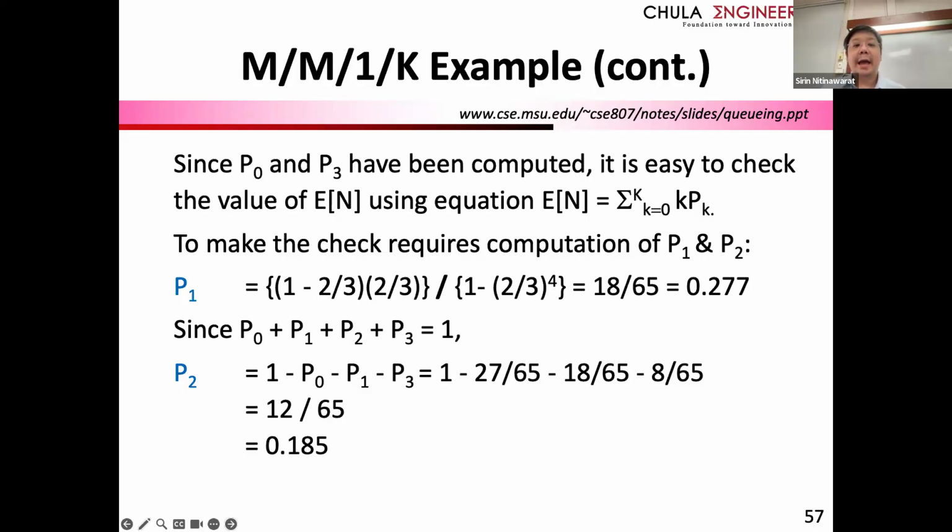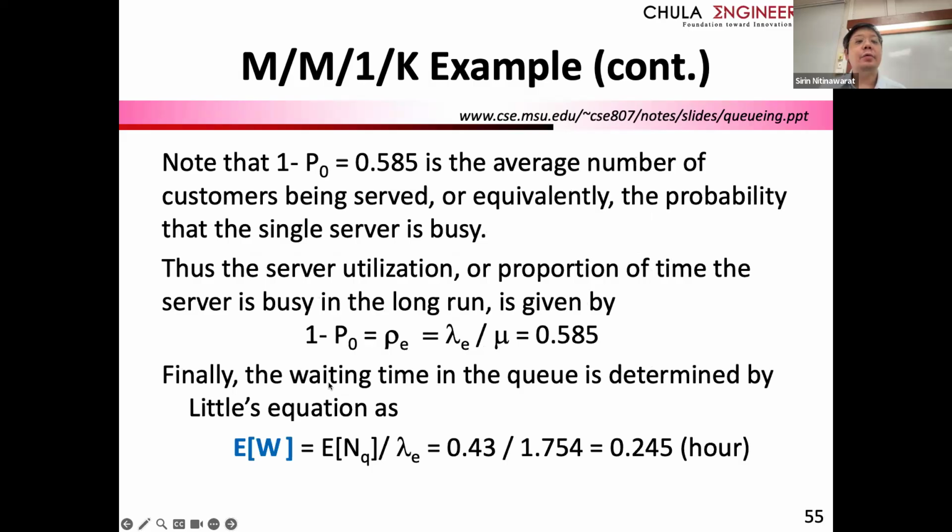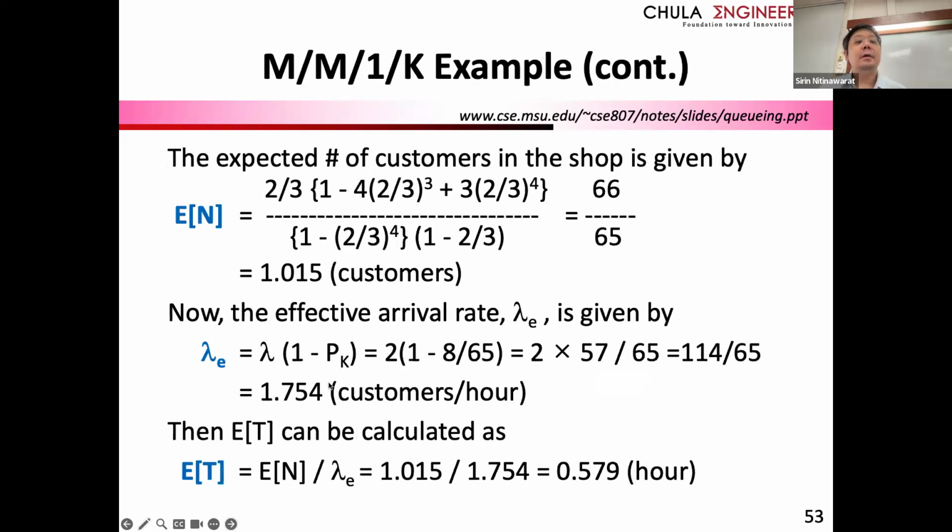We can later compute P1, P2, and then use them to compute E of N in a brute force manner and verify that it is equal to the value that we already computed from the prior formula.